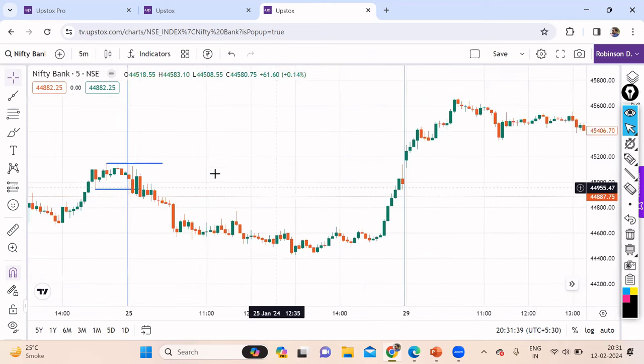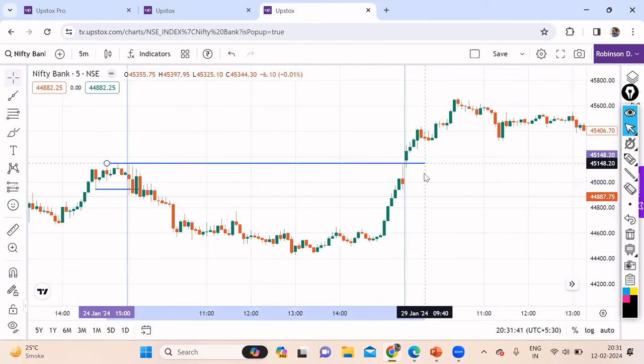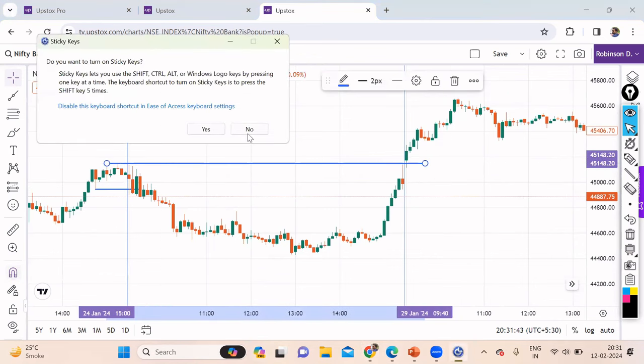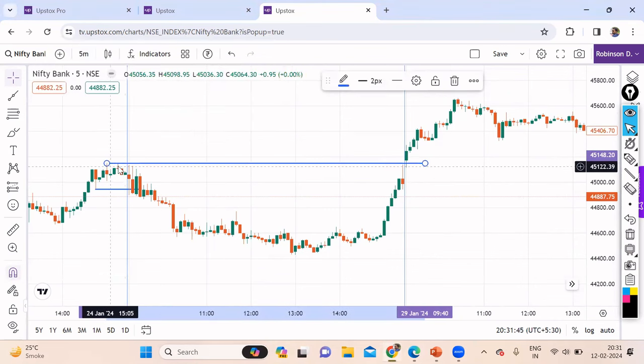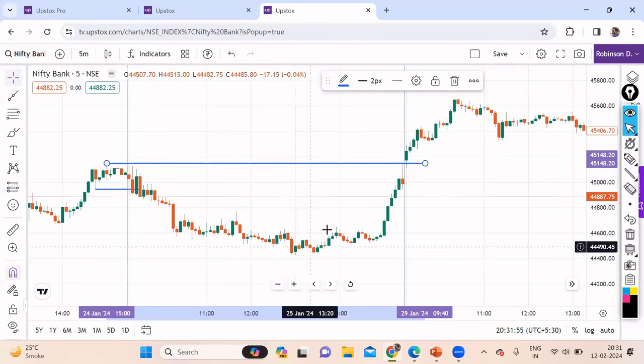Okay. And when I say reversal, look at the reversal that happened the next day. This is the same inducement level that it was, and next day it acted as a support. But this is a different level now. Since the market is constantly coming down, your inducement level also changes.